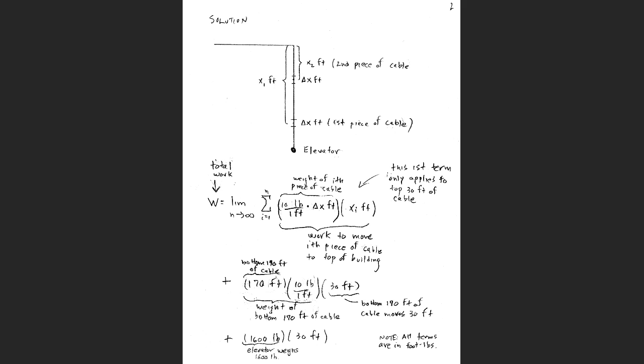Renaud, the 5100 came from, let me just show Renaud that real quick, class. Here, Renaud, 170 times 10 times 30.